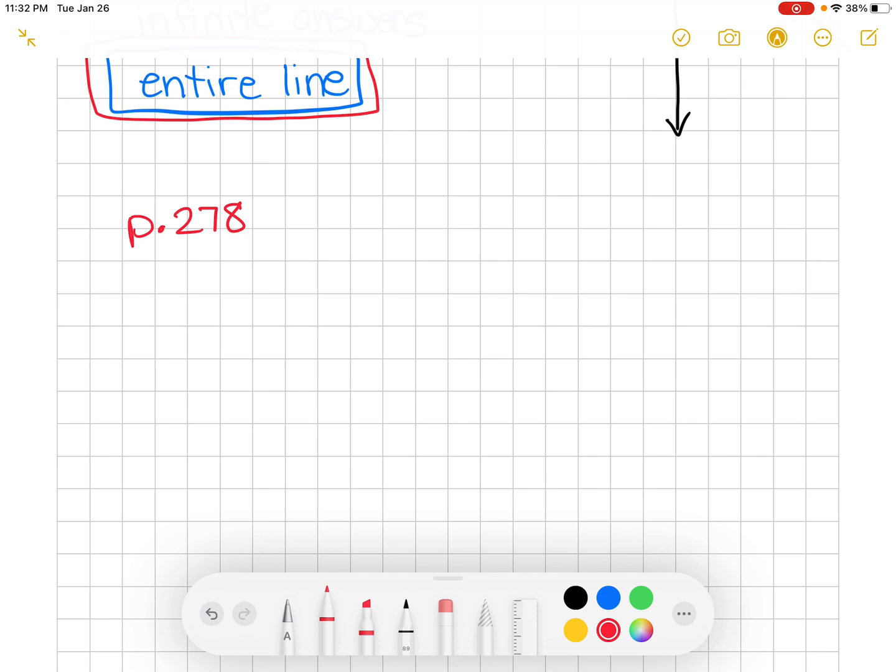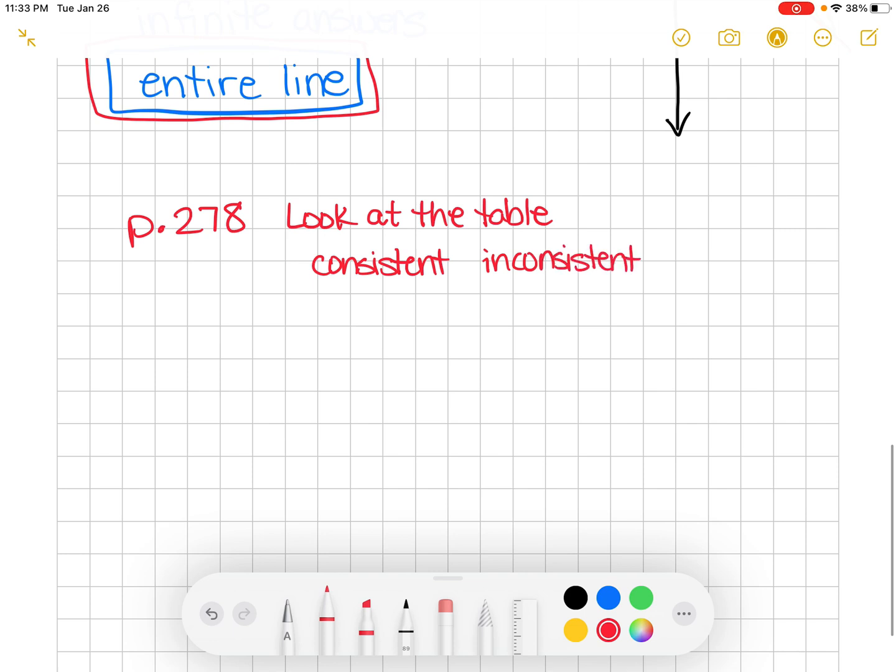So we're just going to leave it out. If you want to look at the table on that page, then you'll see some words like consistent and inconsistent, and then they have words like finite, infinite, none, all that stuff.